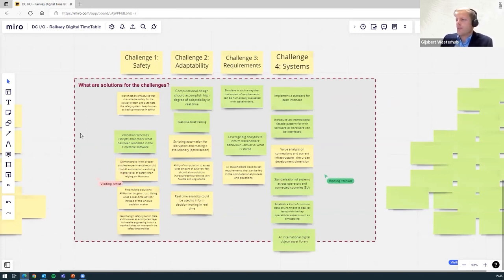For adaptability, flexible and upgradable real-time analytics could be used to inform decision-making in real time. Question on the latter one: real-time analytics could be used to inform decision-making, and then eventually not only inform, but also adapt.